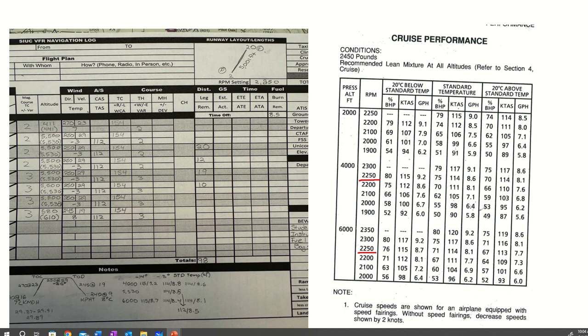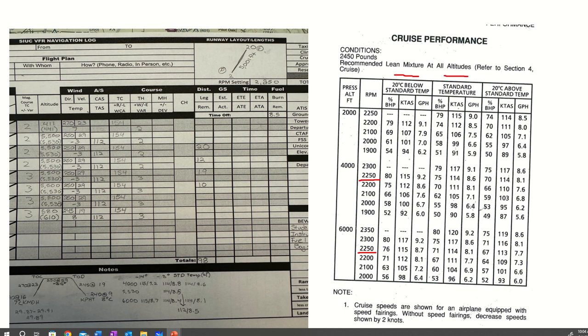Okay, 4 degrees is unfortunately not what is reported, or forecast, I guess I should say. It is actually -3. So is -3 above or below standard at 5,500? It's below. What that tells us right away is that we will be interpolating between the 20 below and the standard temp columns.